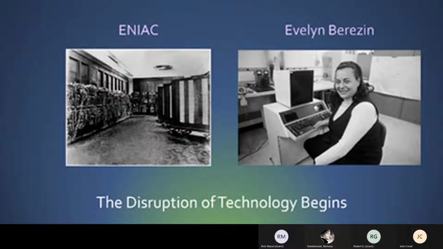In 1955, just 10 years after ENIAC, Evelyn took a job at the Electronic Computer Corporation as the head of the logic design department, which is interesting because in that day, people didn't think about actually designing the logic of computers like we do today.